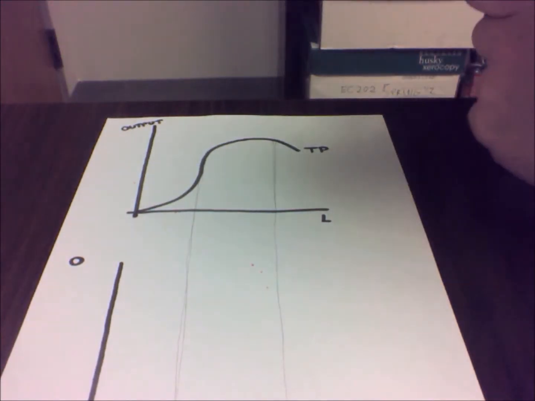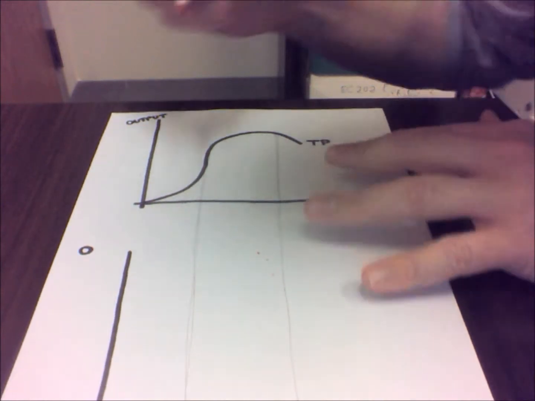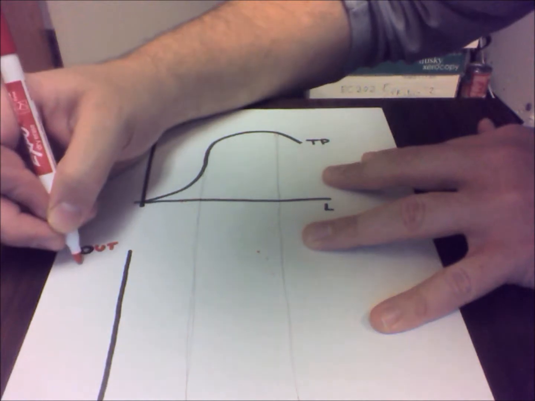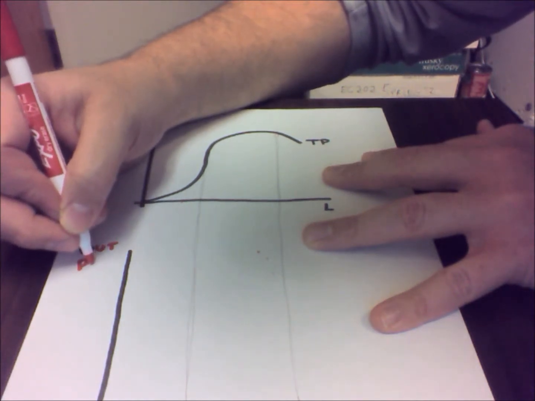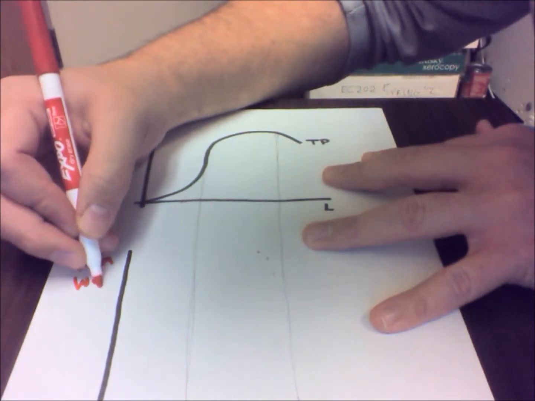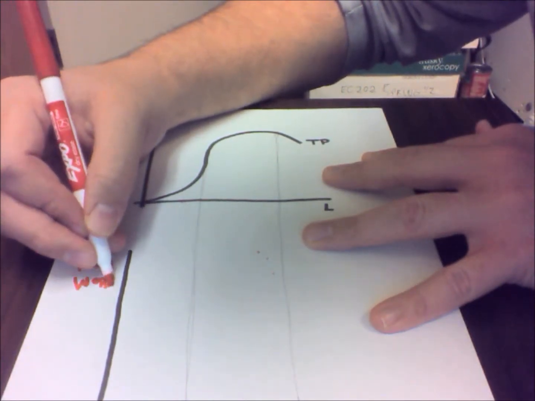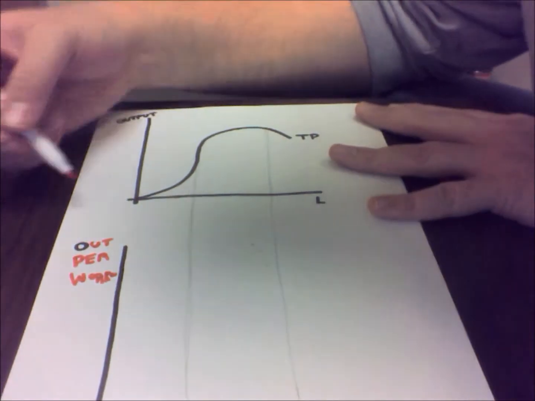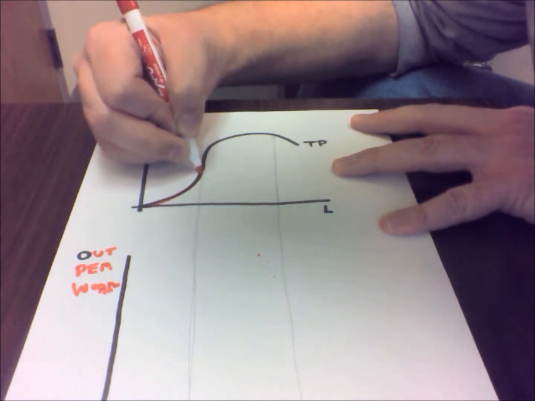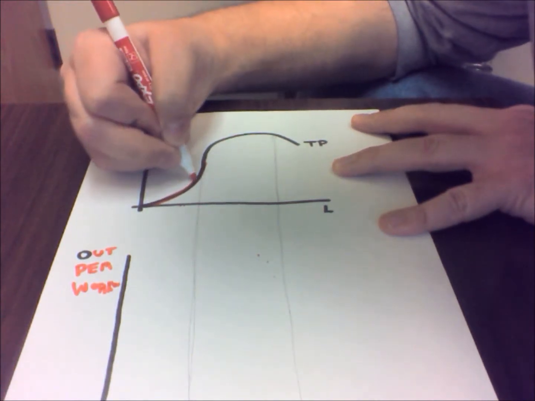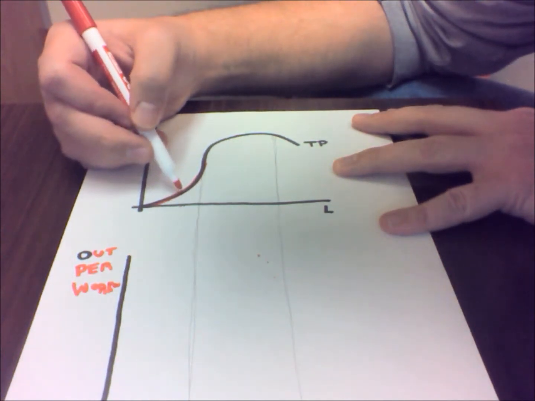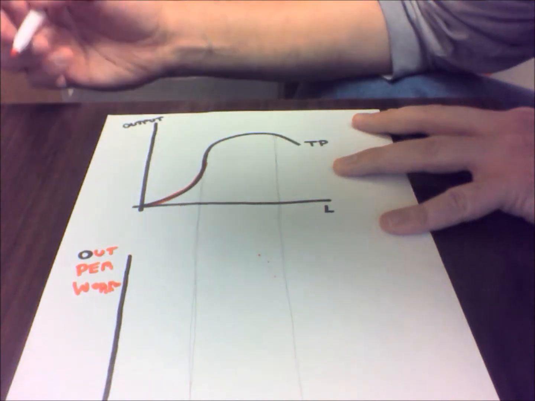There's another way that we can illustrate this, and this is using marginal product. So let's see, output per worker. What we're saying here is that over this range of production, as we hire more workers, each worker is becoming more productive than the worker before him.